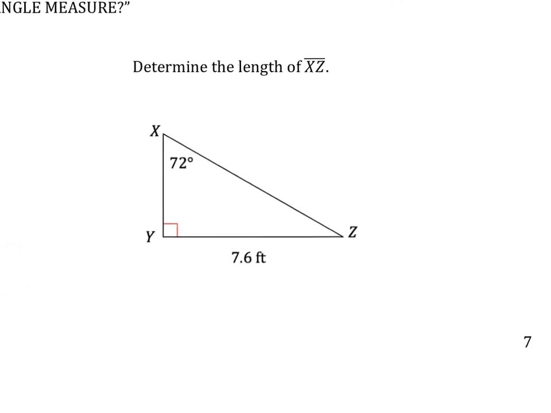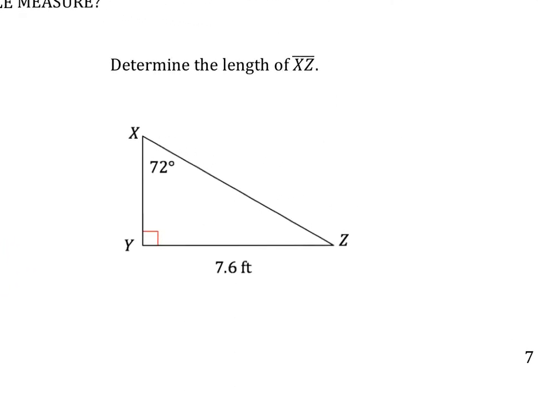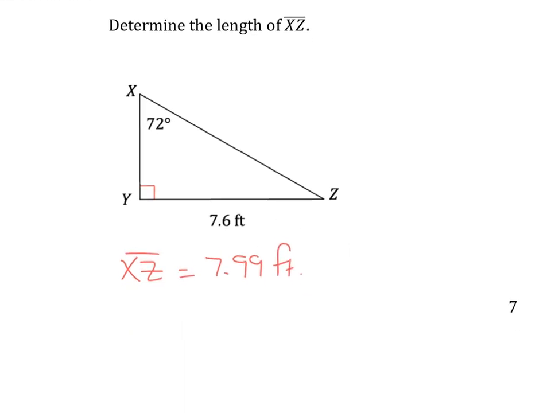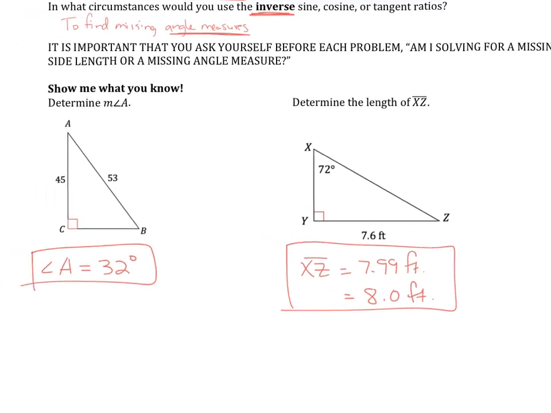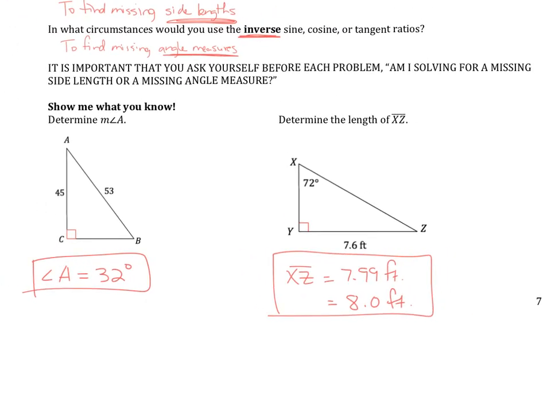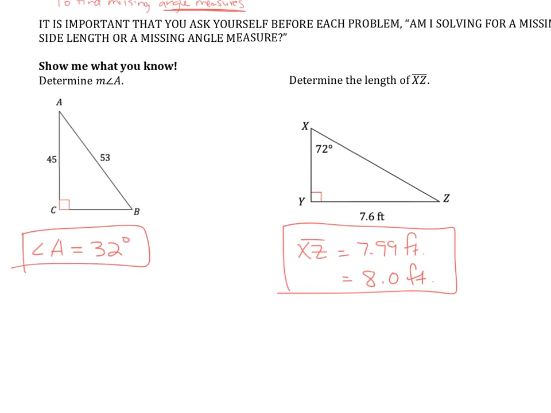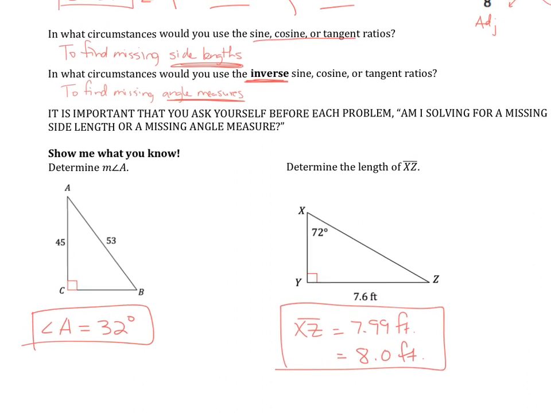And then for the second problem, the length of XZ, you should get 7.99 feet, or if you want to round that to the tenth place, 8.0 feet. You should be able to find that. If you have any questions with those, let me know. Otherwise, hopefully that will help you check your own work there.